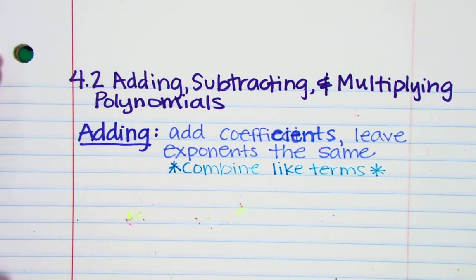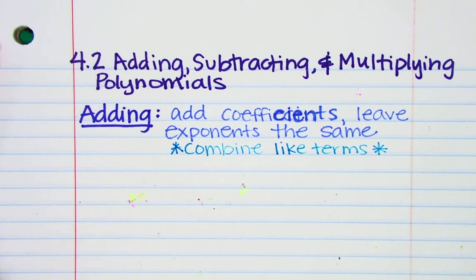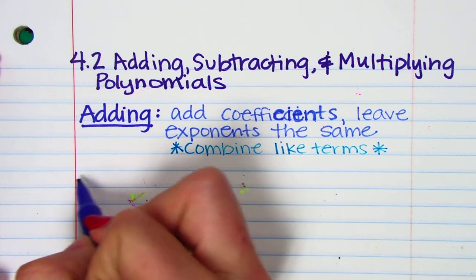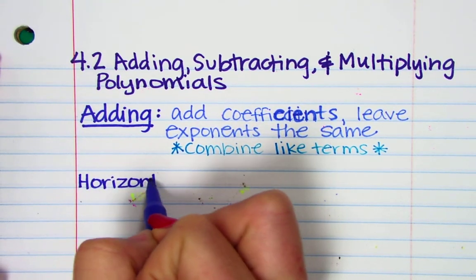I'm going to teach you a horizontal way, which is what I've done in the past, and a vertical way to do it. First I'm going to show horizontal, which means side to side.